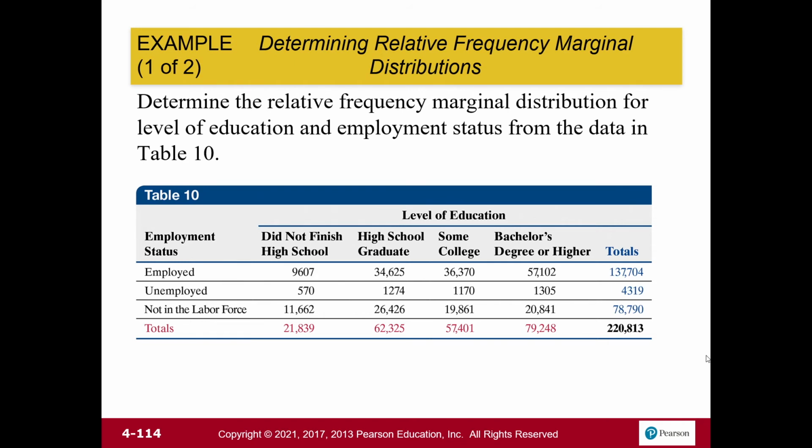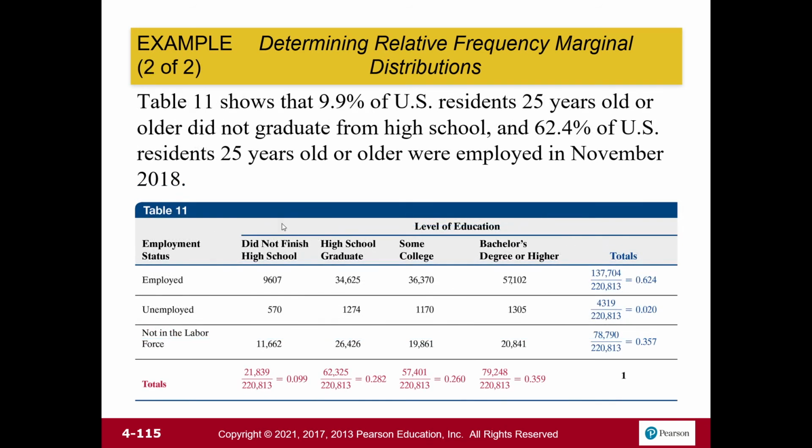Now that you have the totals, we're going to calculate the relative frequency marginal distribution values. We'll go by column, and we can also do it by row. Notice that we're using the grand total of 220,813, and then taking the total in this column and the total in this row. And now we have those values.